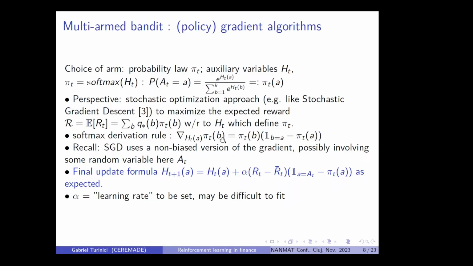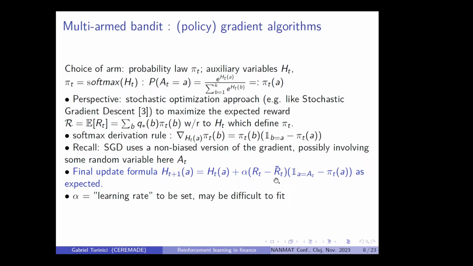And so you can obtain the gradient of your reward. The reward is here the unknown average times pi. And you can start a gradient descent algorithm. This one, among others, is called the policy gradient descent algorithm, which updates the h, which are the new variables, the old ones, depending on the reward that was obtained.